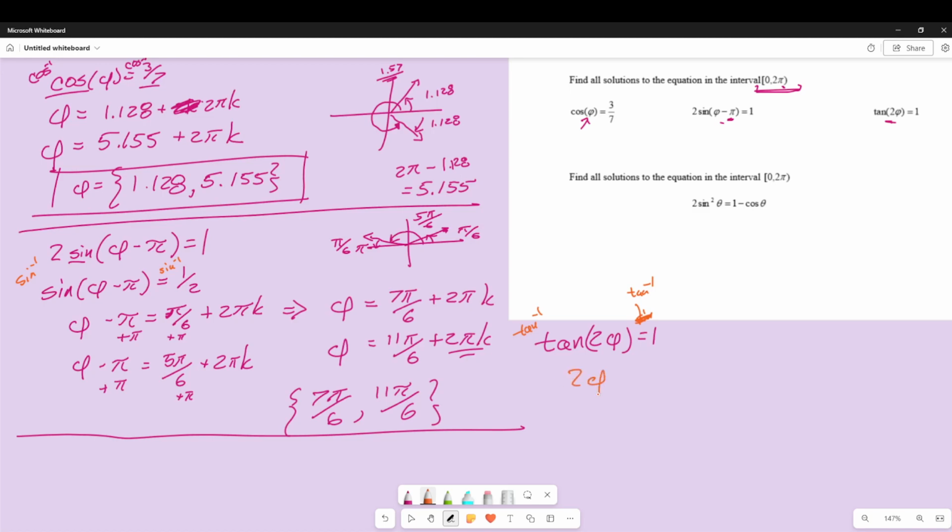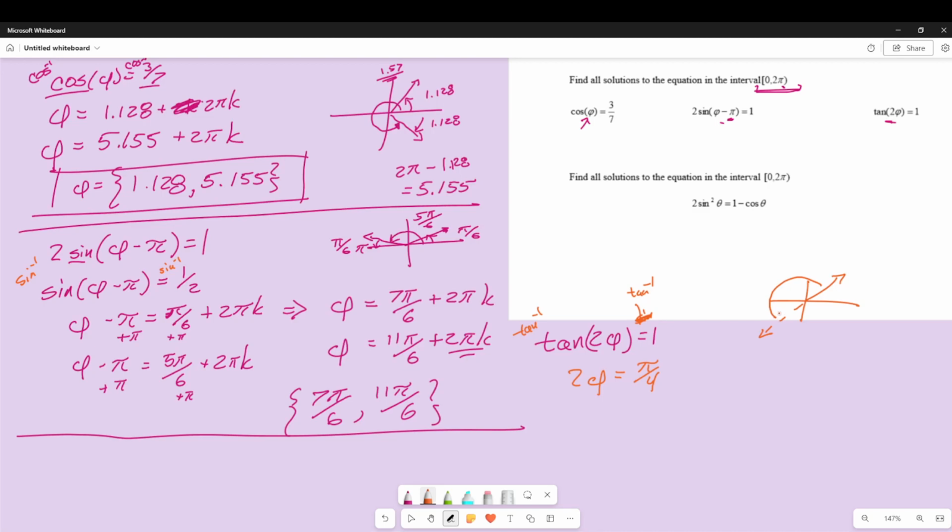So our 2 phi is going to equal the tan inverse of 1, which is pi over 4. And the nice thing is, for tangent, our other answer would be down here in quadrant 3, because that's the other quadrant that tangent is positive in.